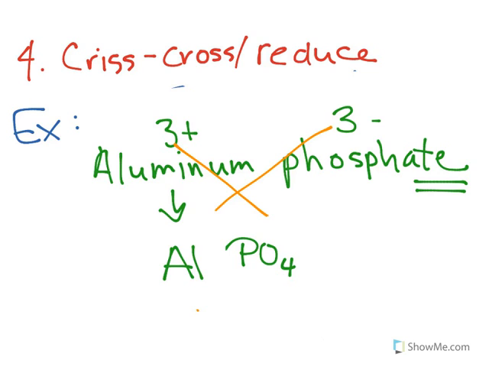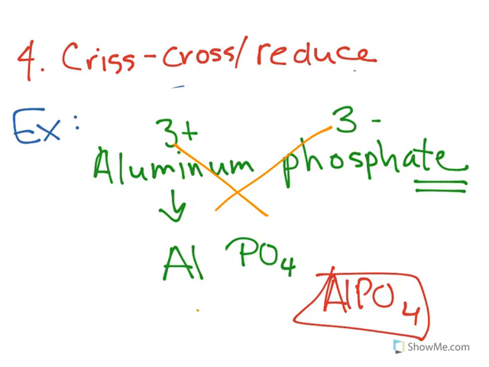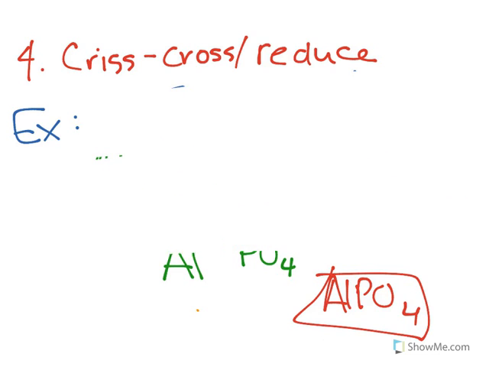And there doesn't actually need to be a space between them. So if I was going to write this on my worksheet, I would probably do it more like this. Boom. Done. Okay, let's try one last one with ammonium at the front.